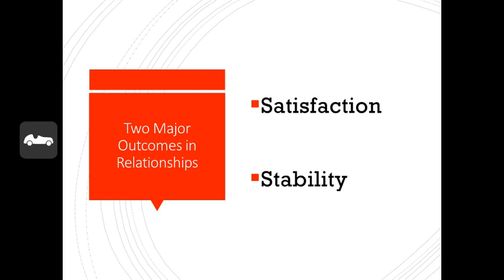Across all of the different studies and all of the different theories, these are the two guiding outcomes, the so what that people are most interested in answering and asking questions about.